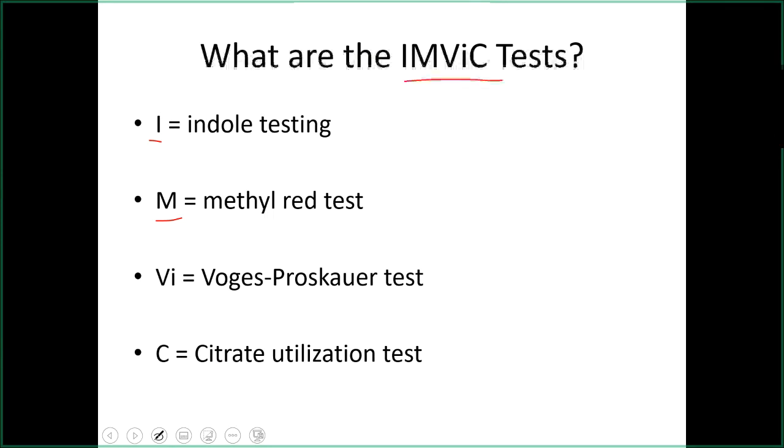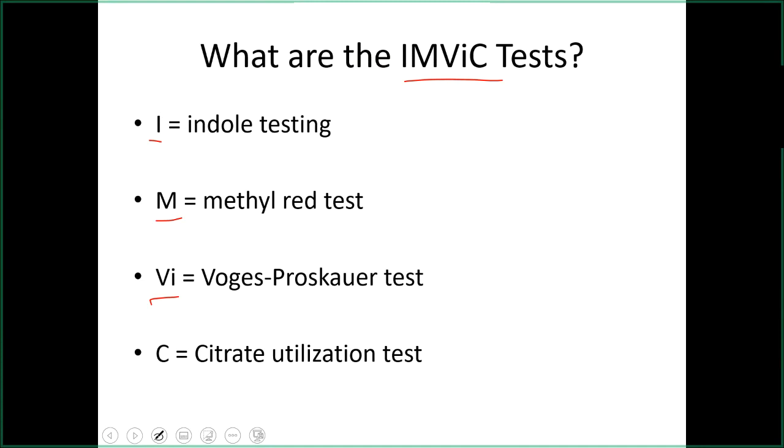And then we've got what's called a methyl red test. This is a test that looks at metabolism of sugars. We'll see what that's about. And likewise, we have a similar test which also looks at metabolism.